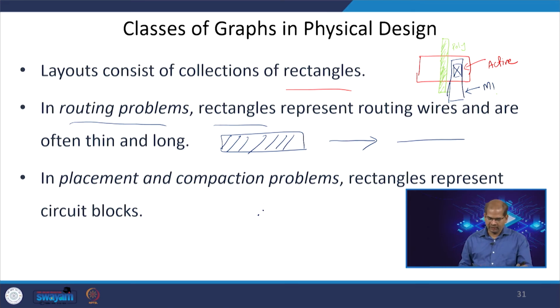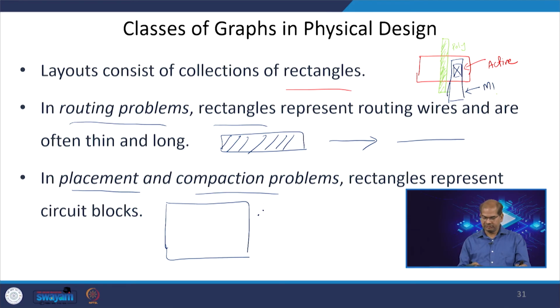Similarly, in case of a placement problem or a compaction problem, let us say I have a block, we have to consider both dimensions. So, we have two types of graphs, one is called line graphs, and one is called rectangular graphs.